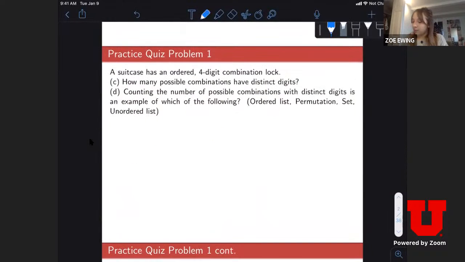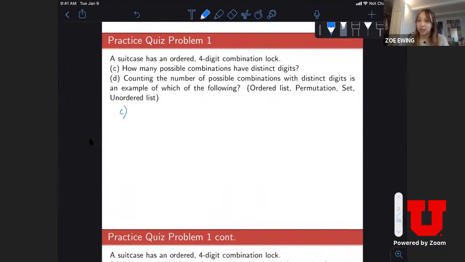All right, next part. How many possible combinations have distinct digits? So the difference here is that it's still ordered, but now we can't have repeats. So what are we going to use? All right. Let's actually think of this a different way.